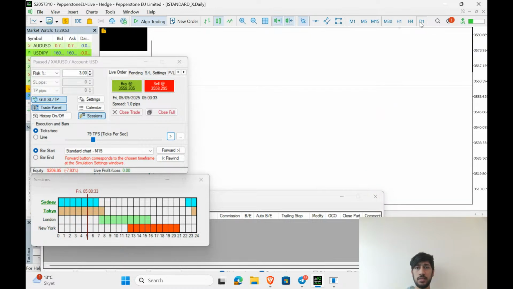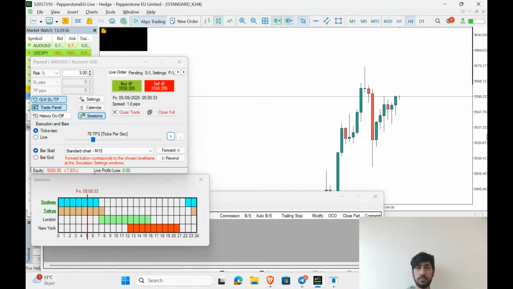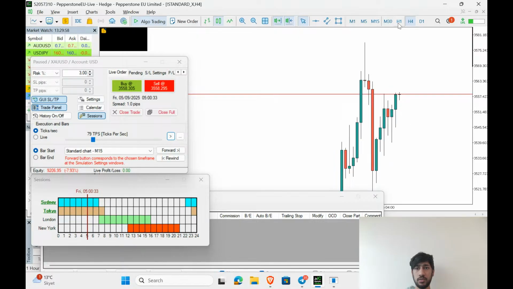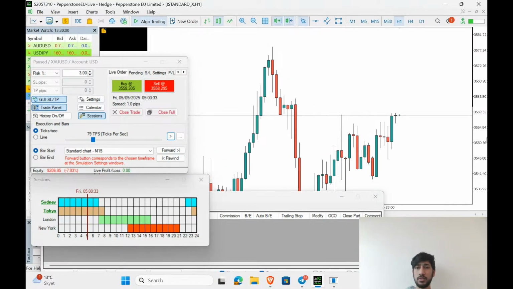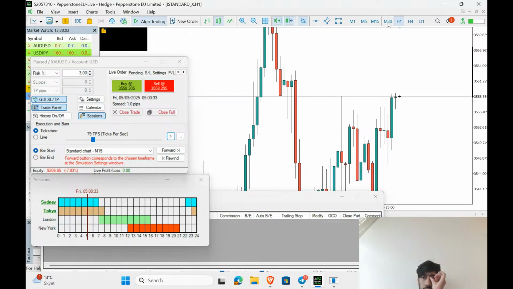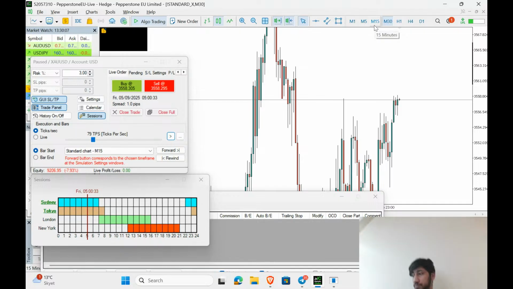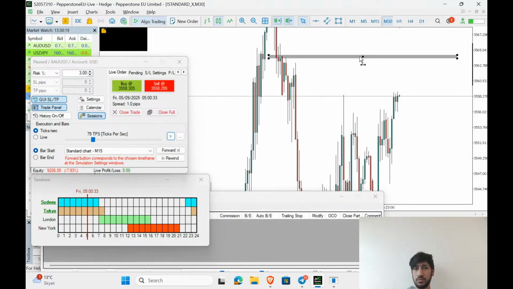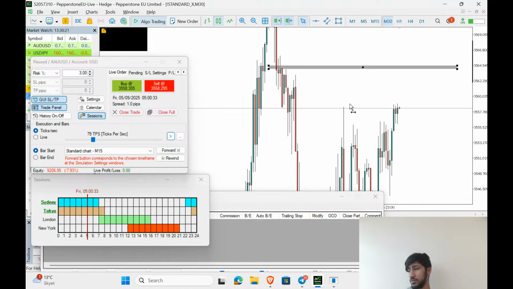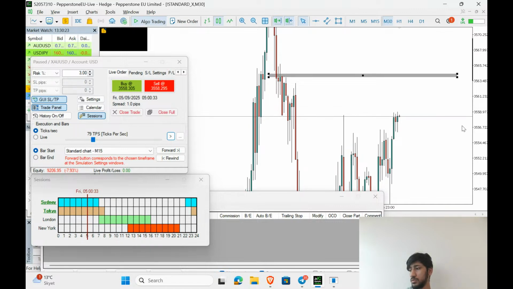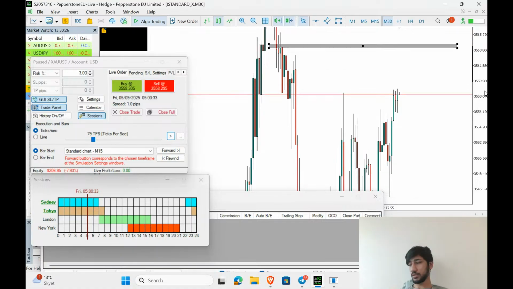H4 daily, H4 coming up. It's going to wick down, break out the high and go up. H1 we formed a weak doji. M30 closed above resistance, but still we have some sort of rejection over here.